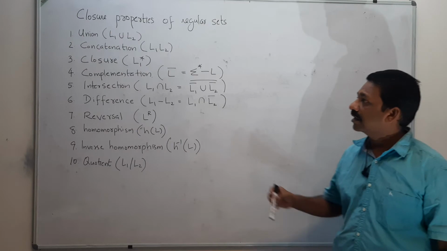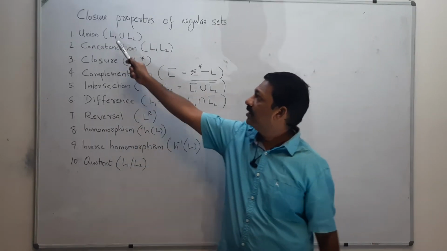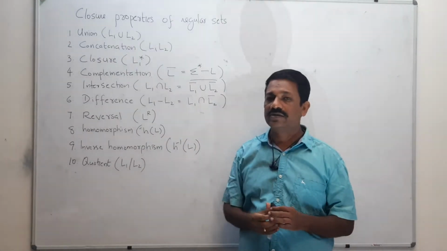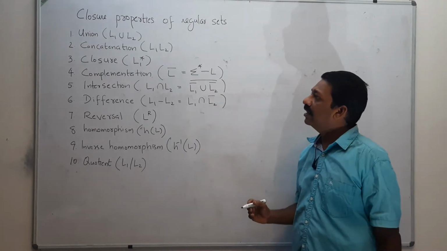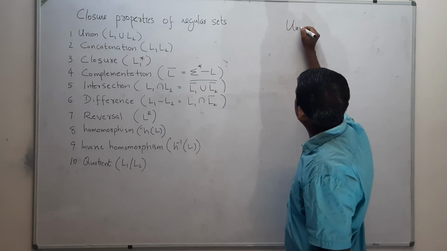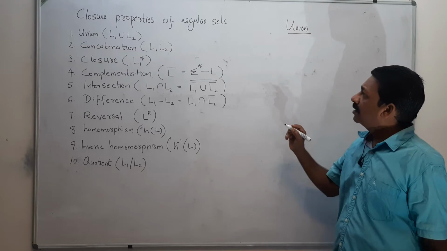Here we are considering two languages, L1 and L2. L1 accepts a regular set and L2 accepts a regular set. Then what is the union of L1 and L2? So initially we are taking the union of L1 and L2.